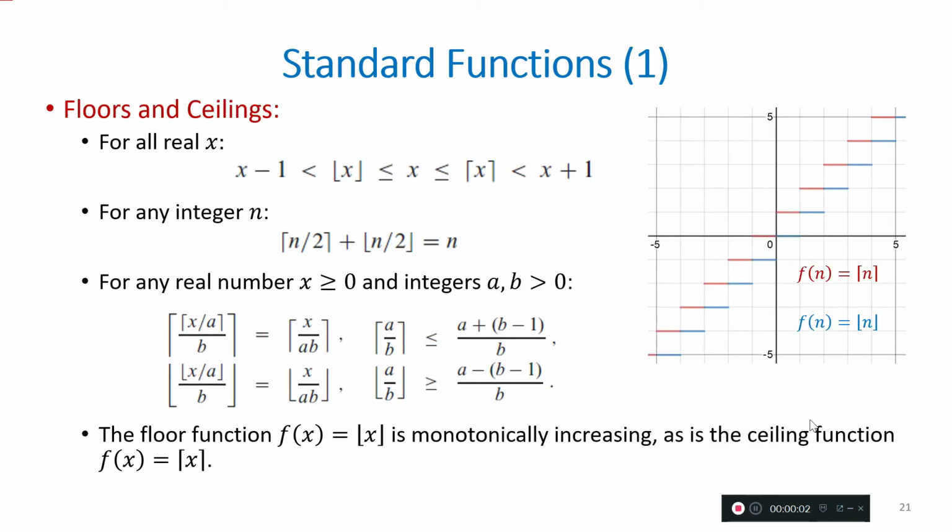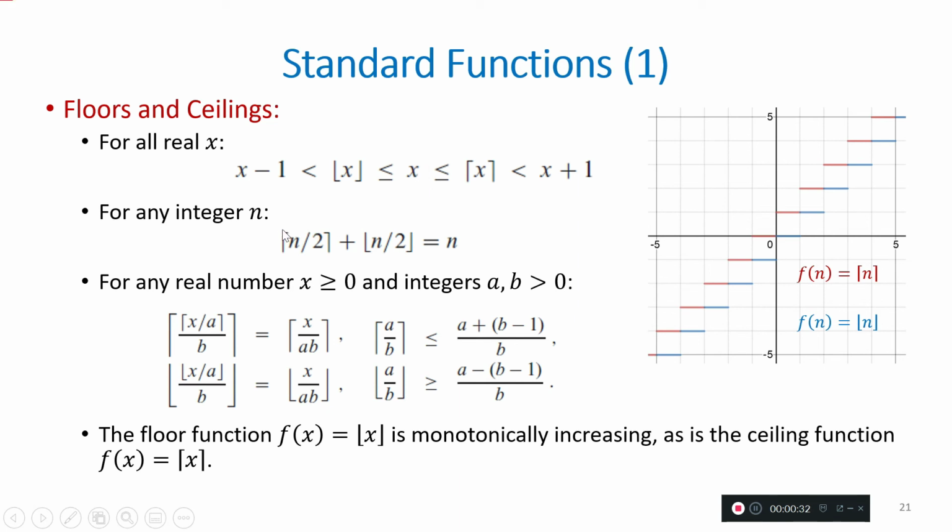We all know how the floor and ceiling functions work. To quickly refresh our memories, let us look at some of their important properties over here. In the first property, we see that the floor of x is some value that lies between x minus 1 and x, including x. Similarly, the ceiling of x is a value between x and x plus 1, including x.